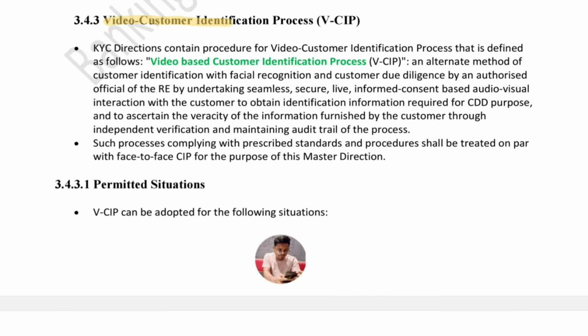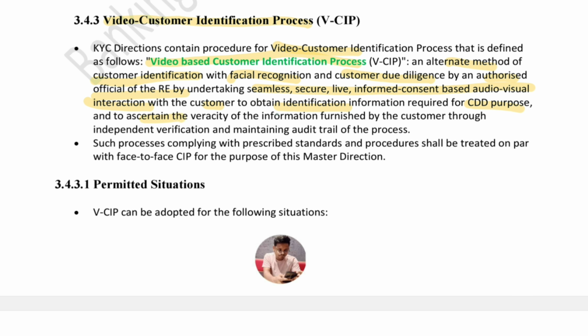Then the Video Customer Identification Process, or VCIP. KYC directions contain the procedure for VCIP, or video-based customer identification process, which is an alternate method of customer identification with facial recognition and customer due diligence by an authorized official of the regulated entity, by undertaking seamless, secure, live, informed, consent-based audio-visual interaction with the customer to obtain identification information required for customer due diligence purposes.